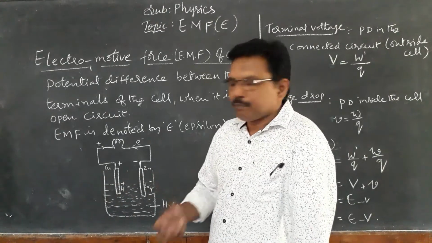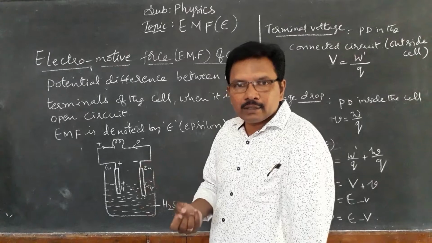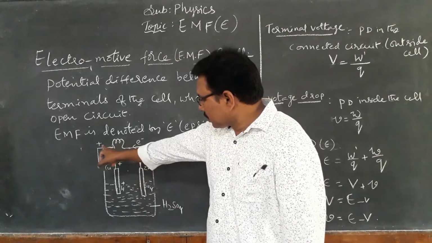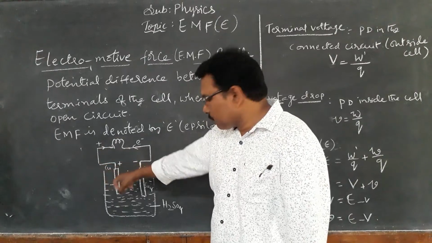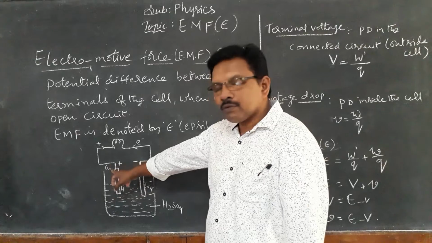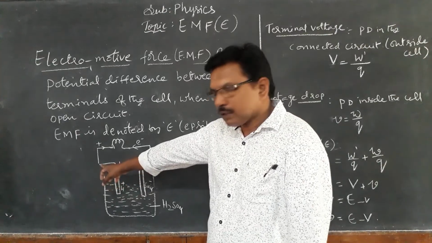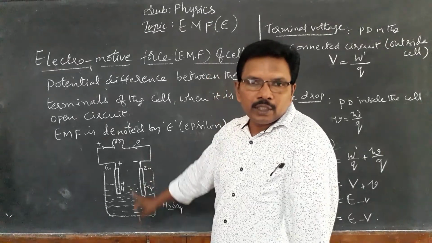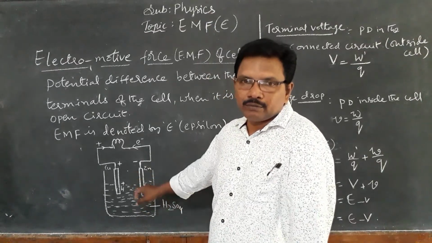The positive terminal attracts all electrons. So electrons move along the circuit towards the positive terminal.